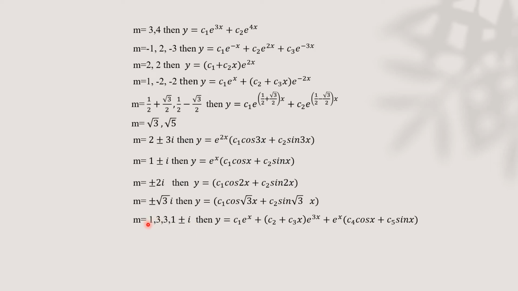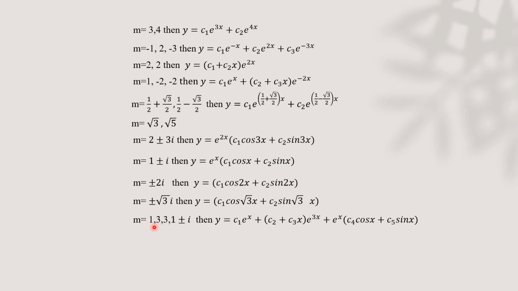So all the combinations I have taken: real, different, same and complex roots. So the solution is y equal to c1 e power x, plus, for repeated roots, c2 plus c3x e power 3x, for complex roots, plus e power x times of c4 cos x plus c5 sin x.